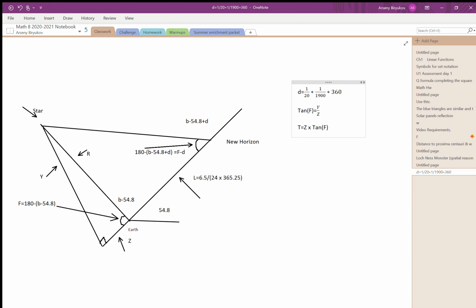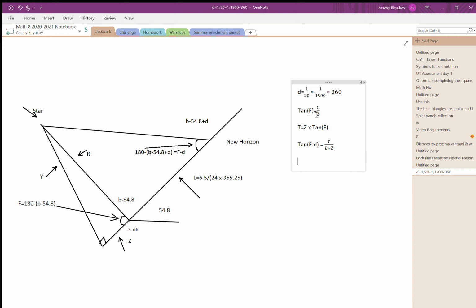Simultaneously, we can also say that tangent of (f minus d) is equal to y divided by (L plus z).